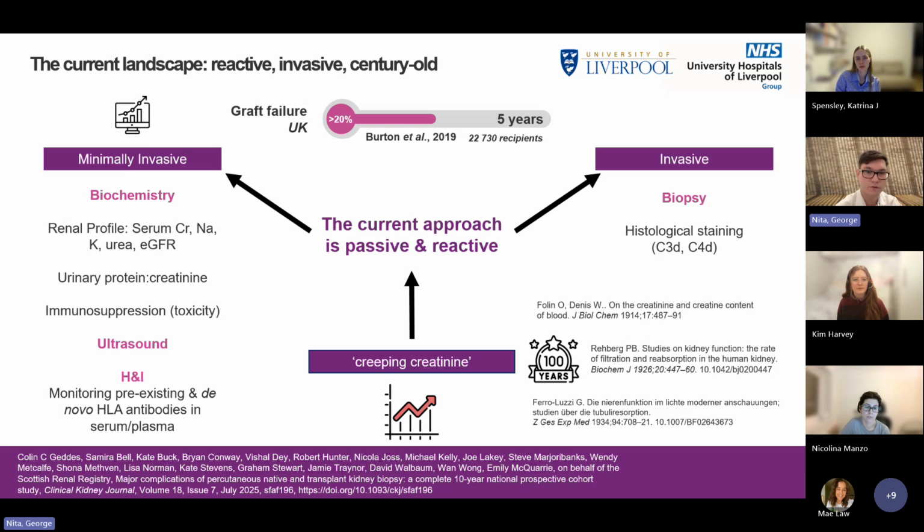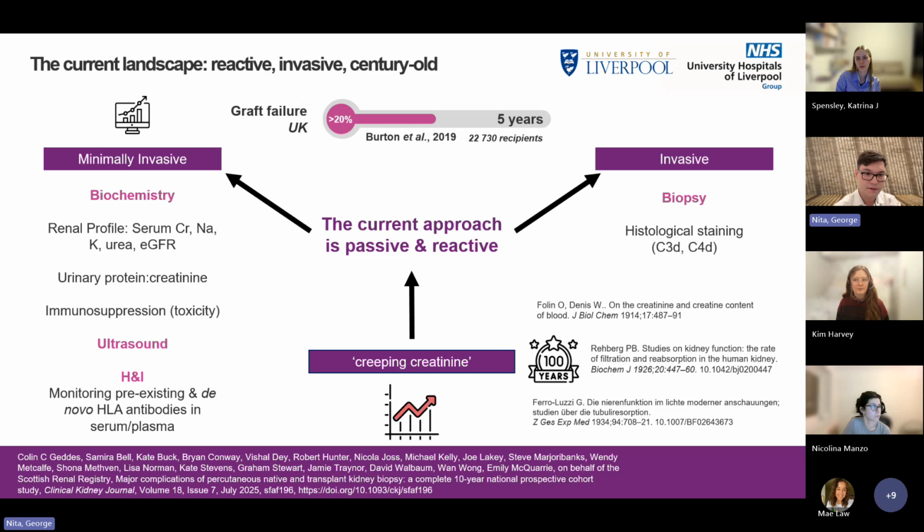So we look at your renal profile, we look at your tacrolimus levels, we test the urine for infection, we test your urine for protein leak. We do an ultrasound to make sure that the kidney is perfusing okay, and then it culminates with looking for antibodies. And when we don't have the answer, then we move on to doing a biopsy.